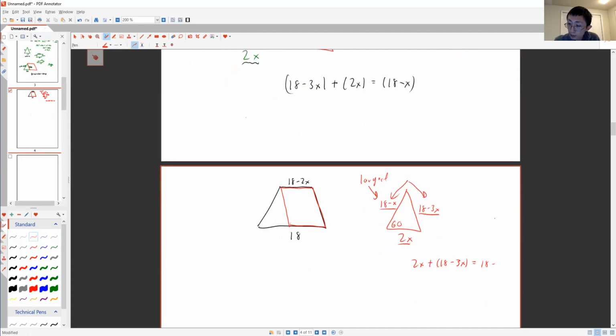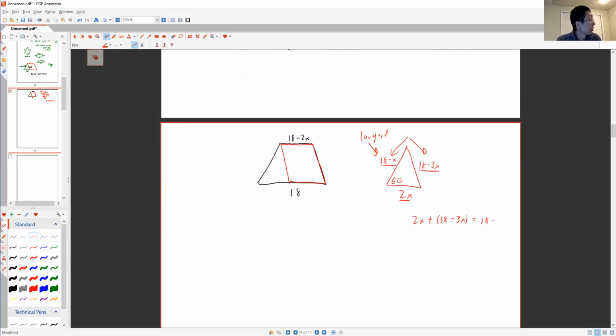If we look at the other case, let's say 18 minus x is on top. One thing maybe we should also check is, what if 2x is the largest side? Then the triangle inequality would say 18 minus x plus 18 minus 3x, which is 36 minus 4x, should be greater than or equal to 2x. And there's not really any problems there necessarily.